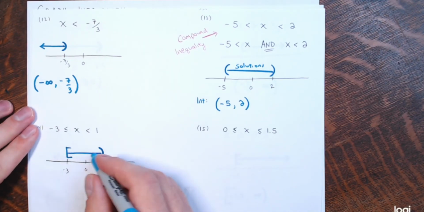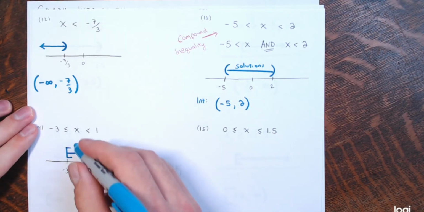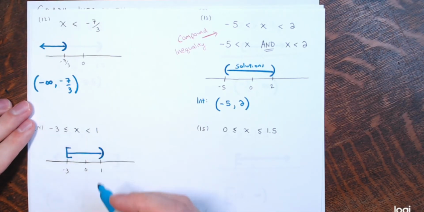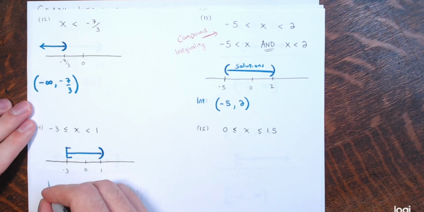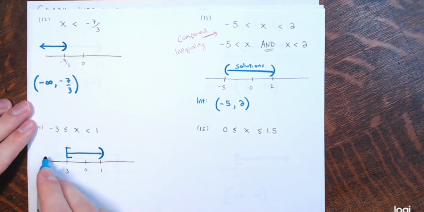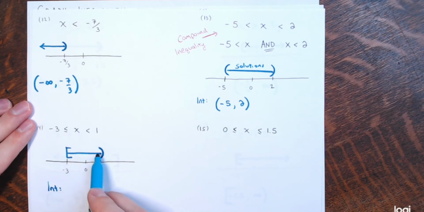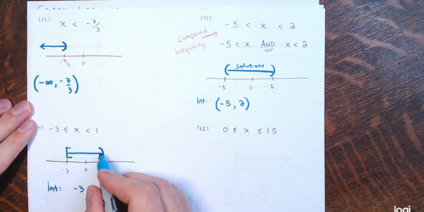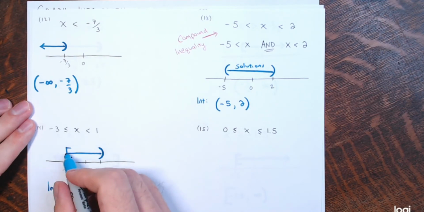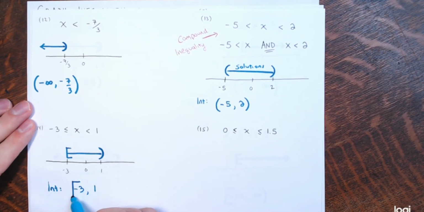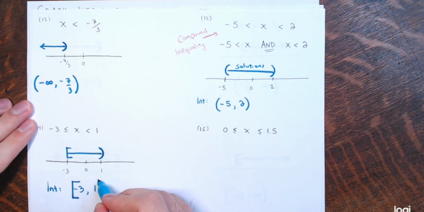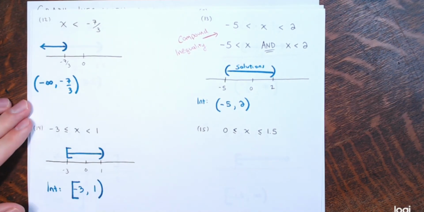All right, there's a graph then, a picture of the solutions, the numbers that I can replace x with to make this true. And then the interval notation, same deal. There's only one piece of solutions here, one interval. Left to right, it starts at -3, it ends at +1. -3 is a solution, so the rectangular bracket on -3. 1 is not a solution, so parenthesis on that.